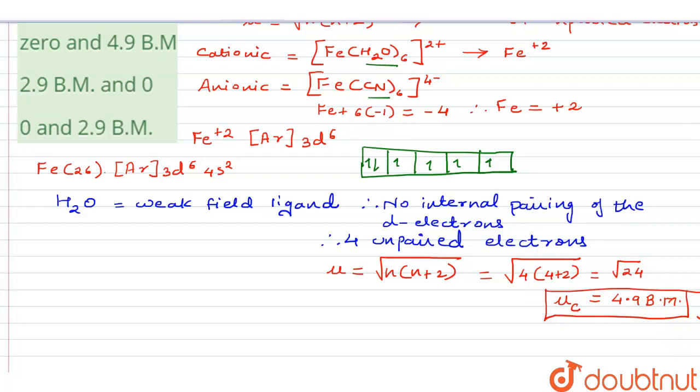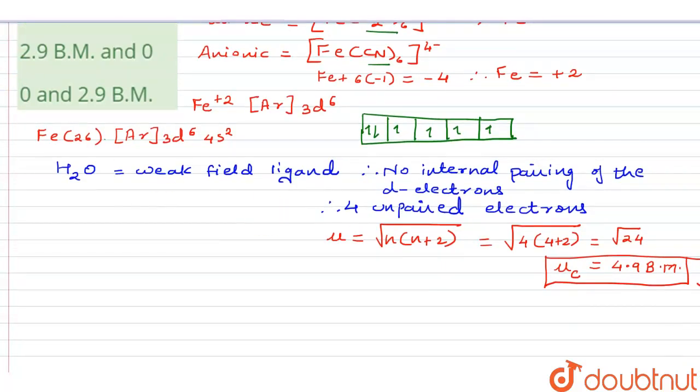Next is the other complex, that is CN minus, the cyano group. When CN minus approaches the Fe2+ species, it is a very strong field ligand. Due to this higher strength, it is going to give me a low spin complex. In short, there will definitely be internal pairing.